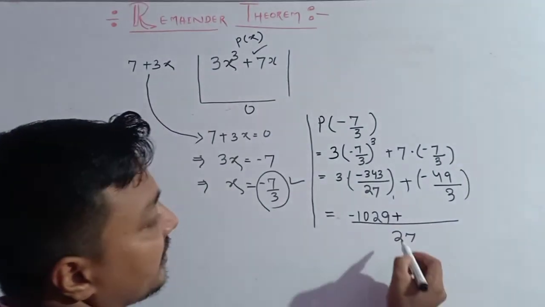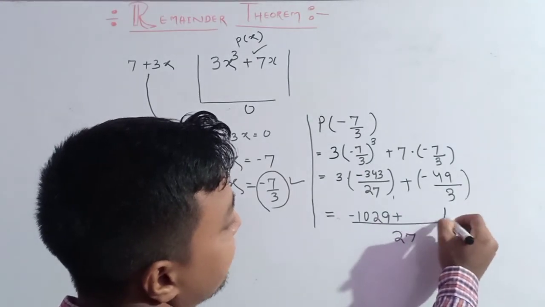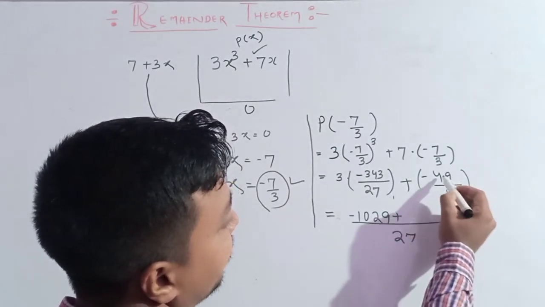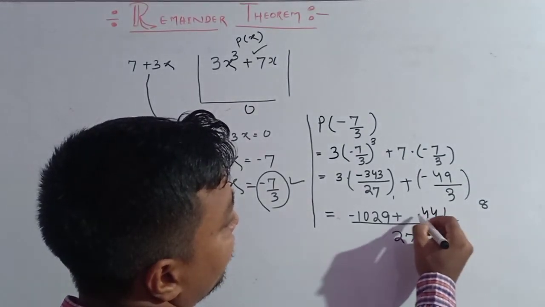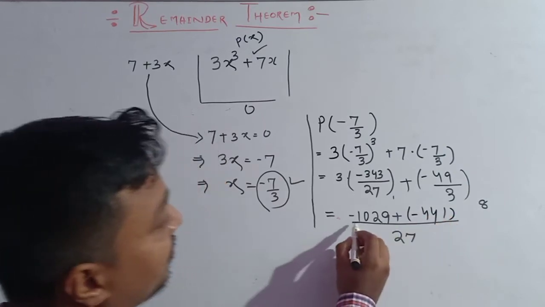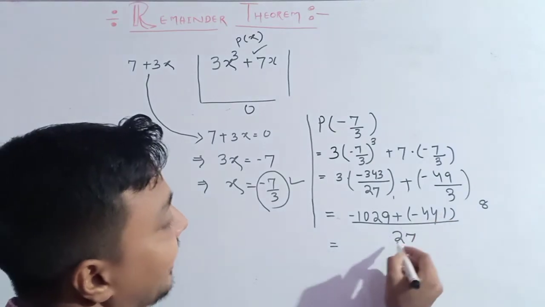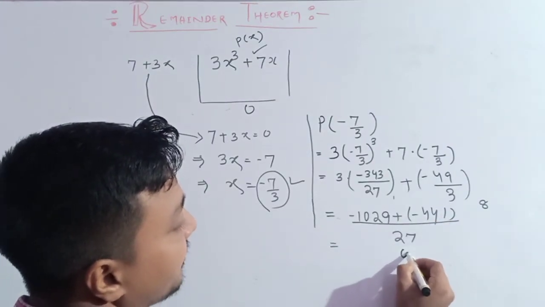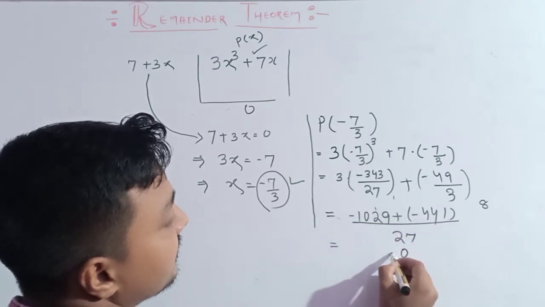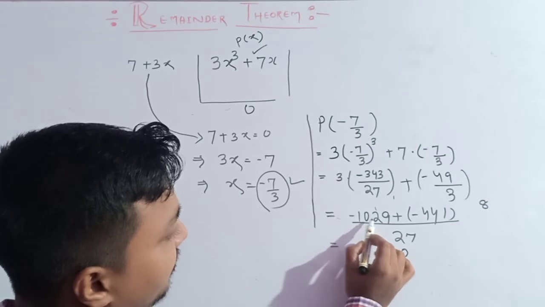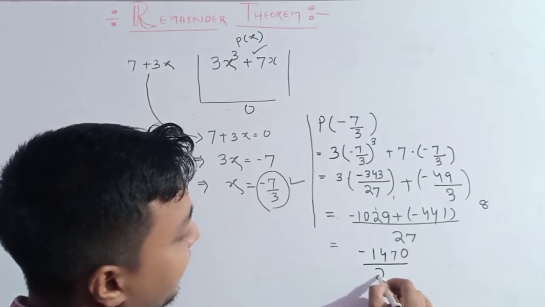Here plus, 27 divided by 3 is 9, and 9 times 49 gives 441. So it is minus 1029 plus minus 441. On adding, you get minus 1470 divided by 27.